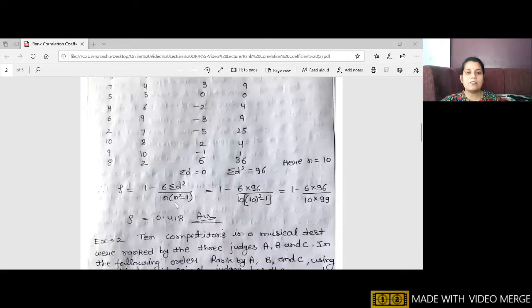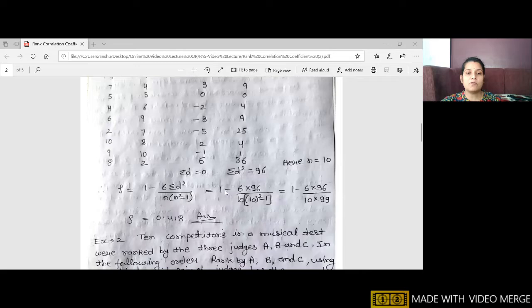Put all these values in the formula of the rank correlation coefficient. So rho is equal to, the formula is 1 minus 6 summation d square divided by n in the bracket n square minus 1. See the screen carefully. Here the sign in front of the fraction is 1 minus.